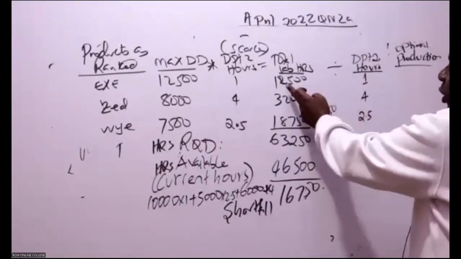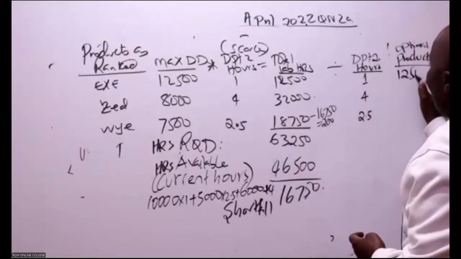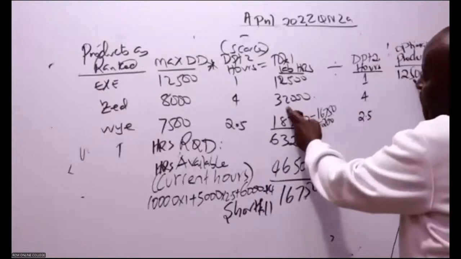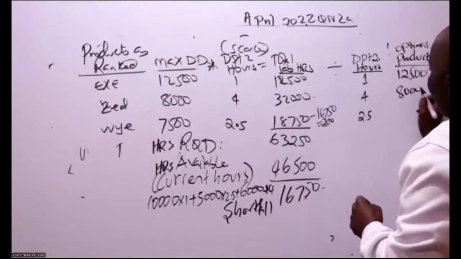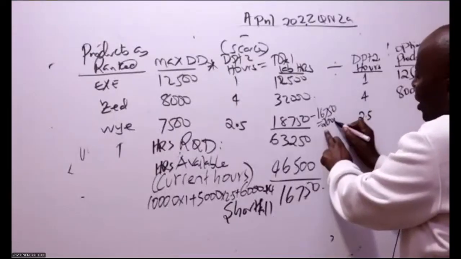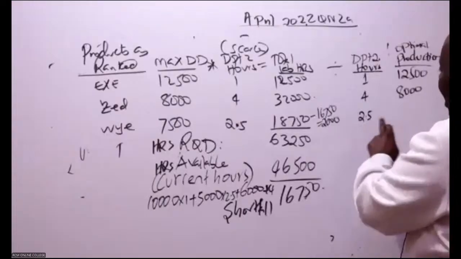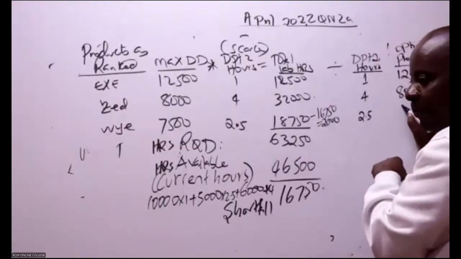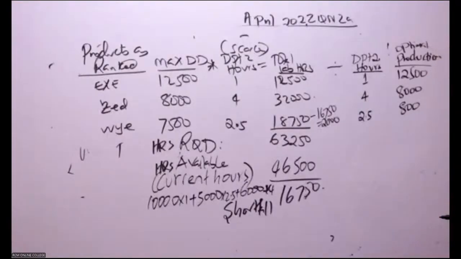The first one will be 12,500 divided by 1. So for X, I produce 12,500. This will be 32,000 divided by 4, which gives me 8,000. This will be now 2,000, because that is what I have. 2,000 divided by 2.5. How much am I getting here, ladies and gentlemen? 800. If you do it this way, you'll never confuse.